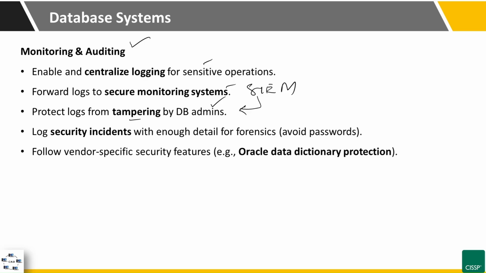If the logs are automatically forwarded to the SIEM solution, the database admin won't be able to tamper with the logs because they won't have access to the SIEM solution. Log security incidents with enough detail for forensics, but avoid logging passwords. Follow vendor-specific security features, for example, Oracle Data Dictionary protection.